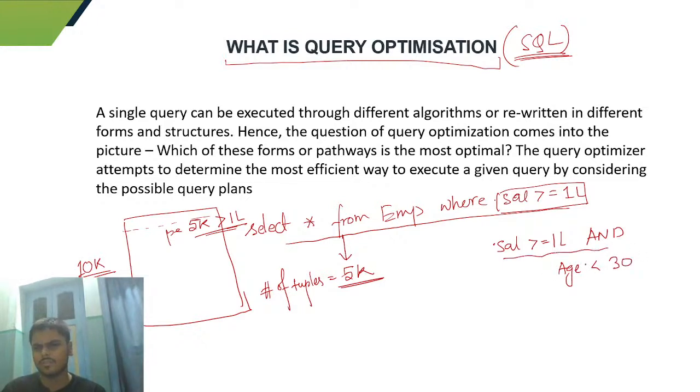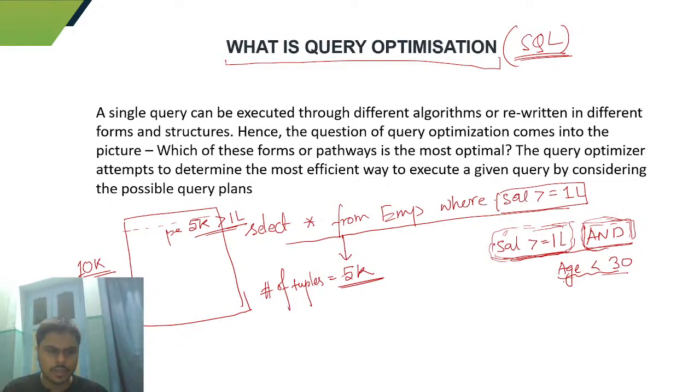Our query consists of two propositions bound with one conjunction, that is AND. So we are going to get the tuples where the salary is greater than 1 lakh and also the age is less than 30.